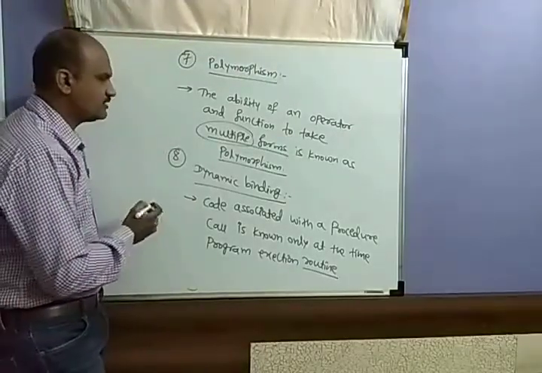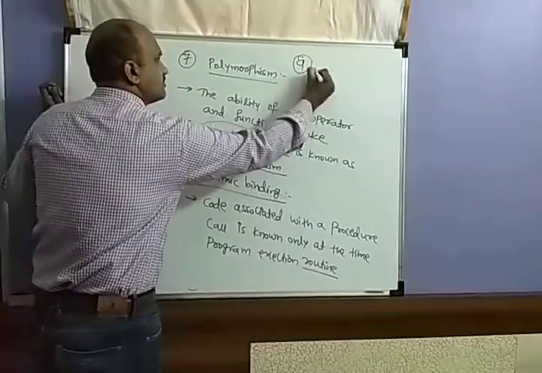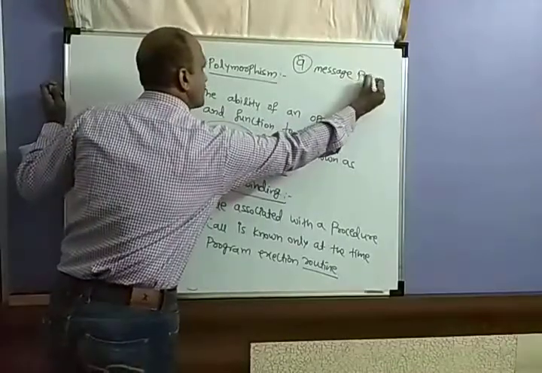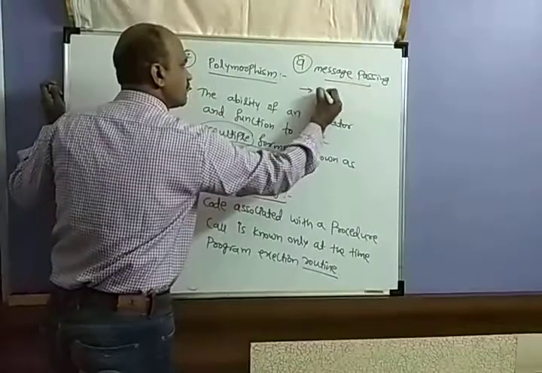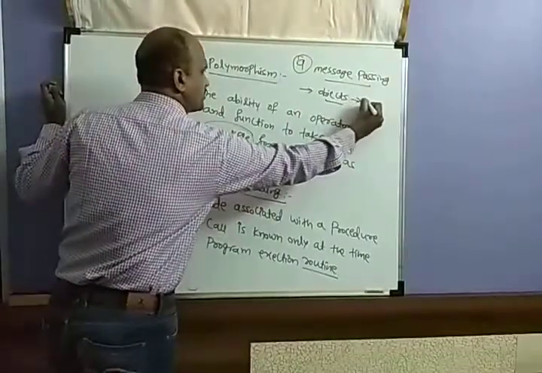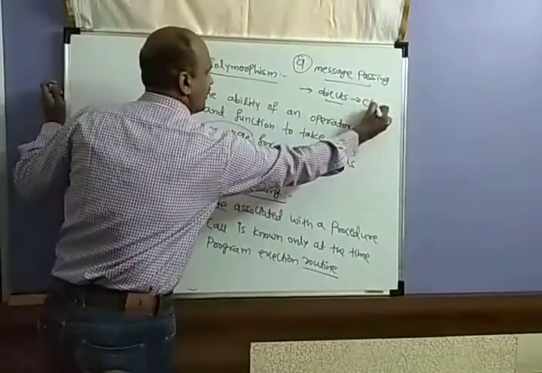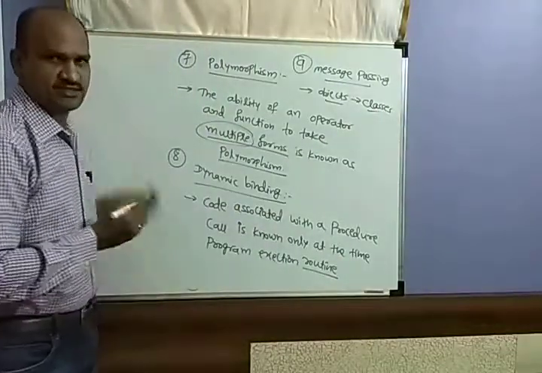The last one is message passing. That is very simple. With the number of objects you are creating, you can pass a number of messages between objects, and also with the classes. That is what message passing does.